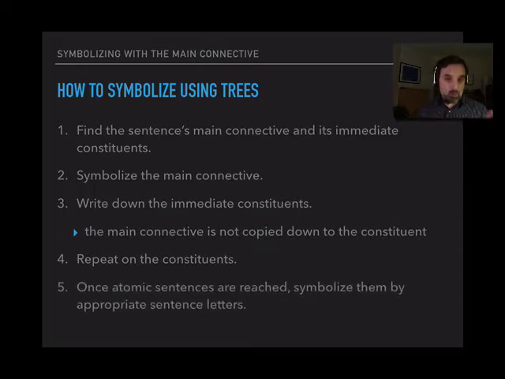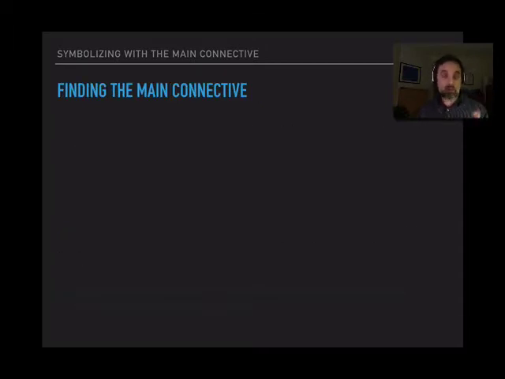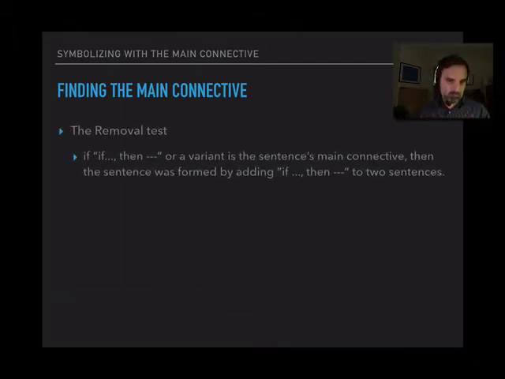Now, with that in mind, we can also ask, okay, how do I find the main connective? And there's a removal test, which is this. Why does it work? If an if-then in a sentence is the main connective, then that if-then was added to two other sentences to form the sentence we're looking at.